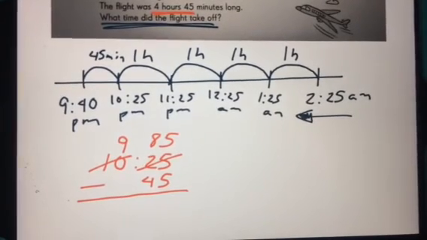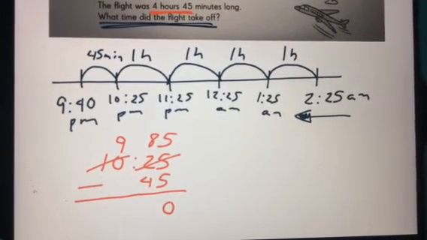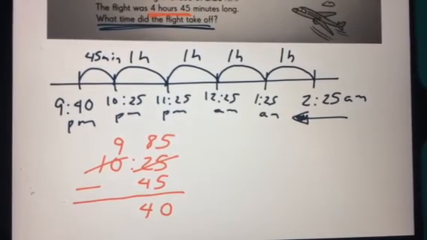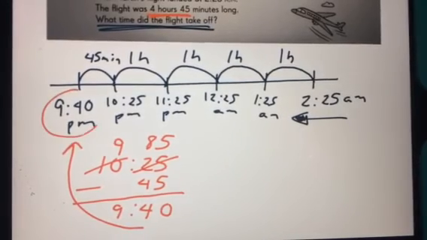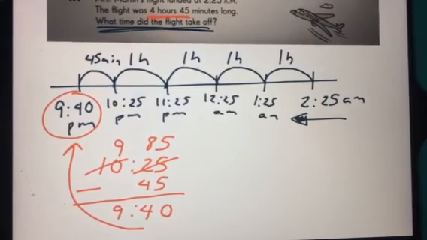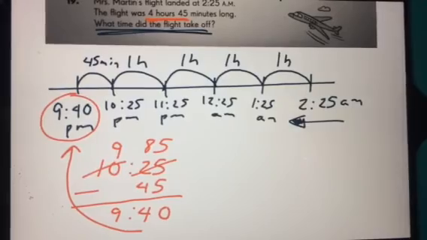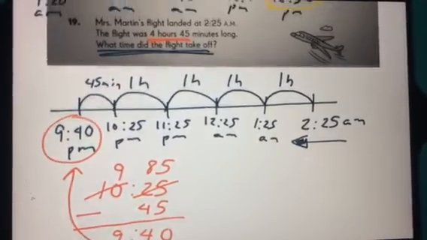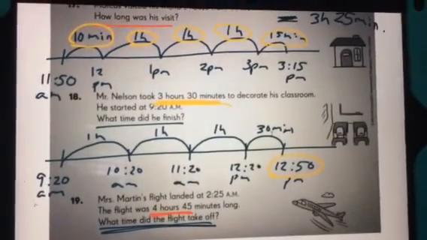Then you subtract. 5 minus 5 is 0. 8 minus 4 is 4. And then you're left with 9:40. Voila. And that is what time the flight took off. So that is how you figure out the beginning time, the ending time, and the other elapsed time that we have been learning about.